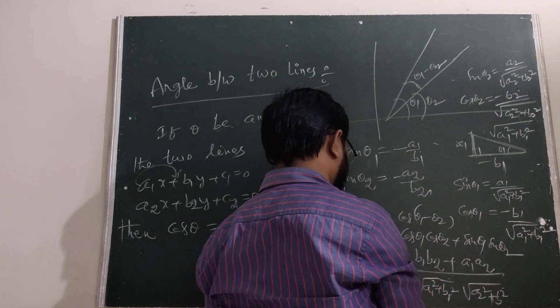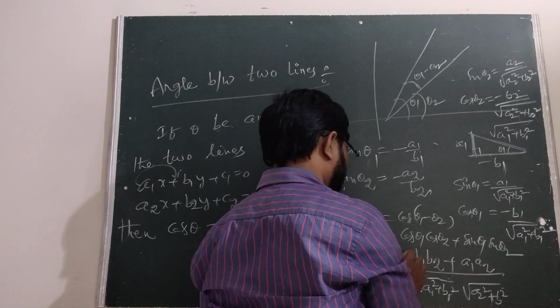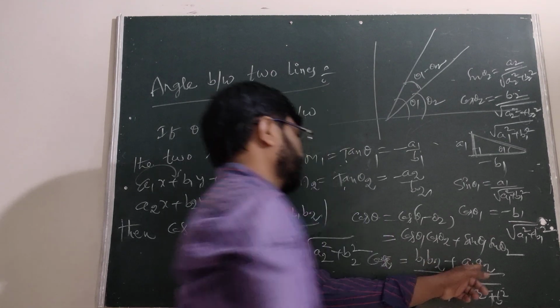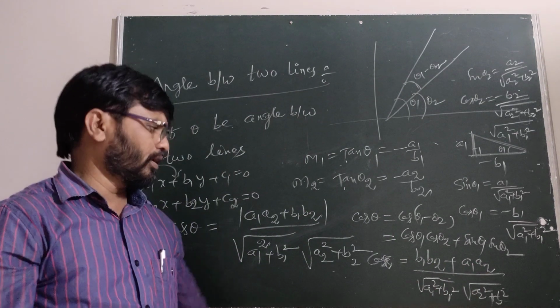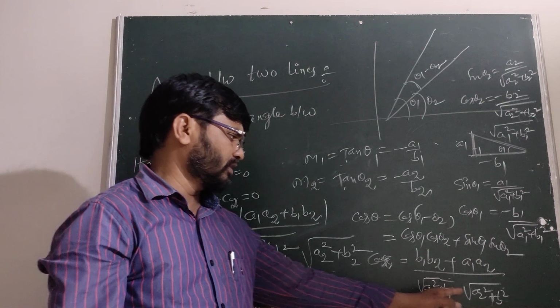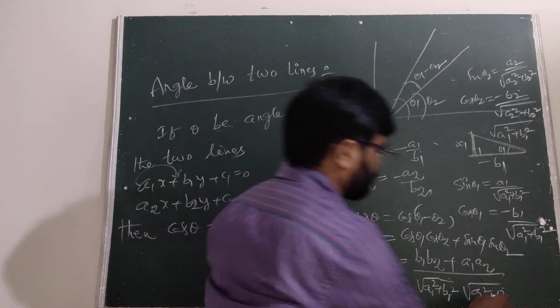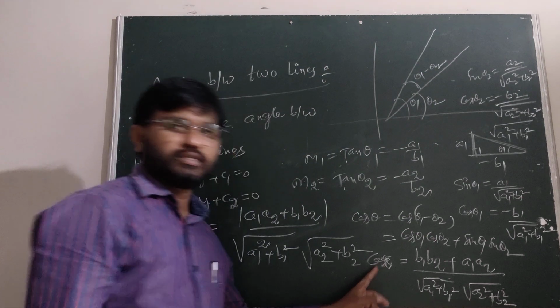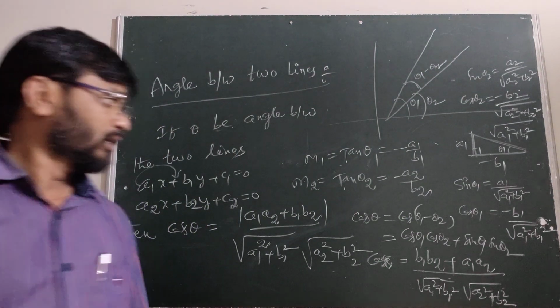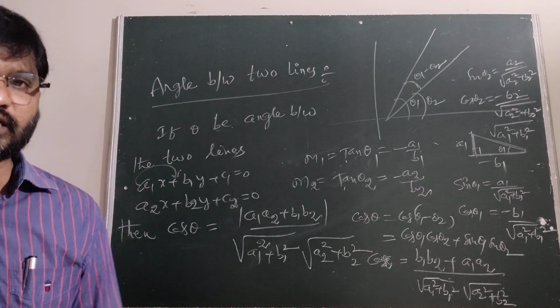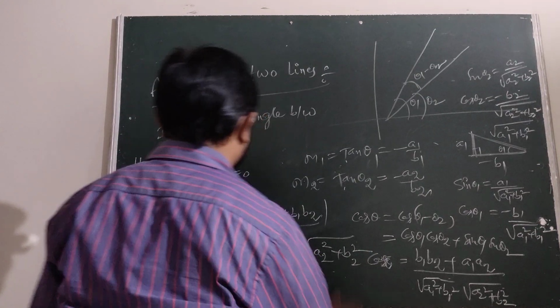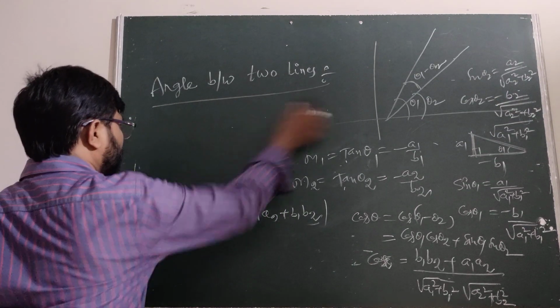This is the formula for cos theta. What is cos theta? a1 a2 plus b1 b2 upon root of a1 square plus b1 square into root of a2 square plus b2 square. This is the cos theta. Okay. So, when the lines are perpendicular to each other, all of you listen here.